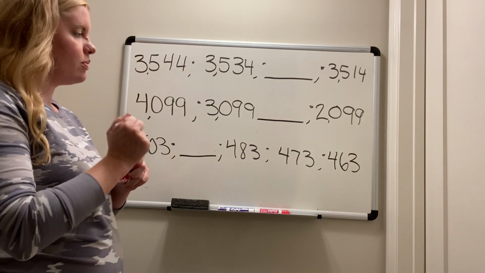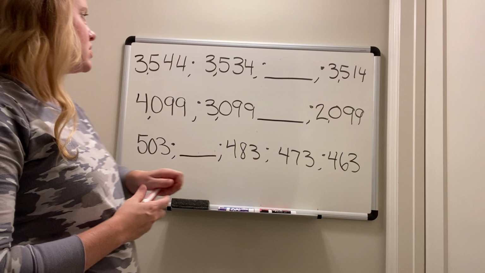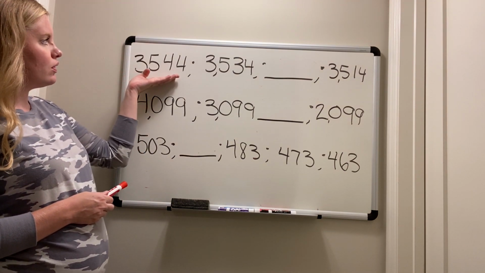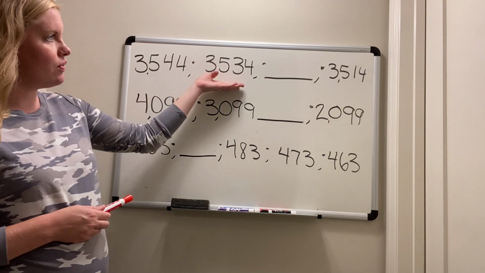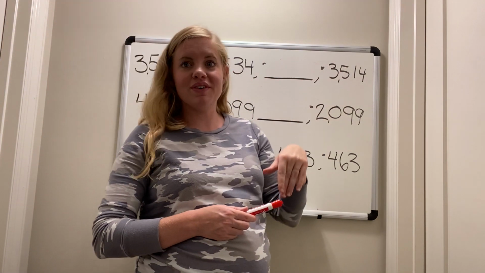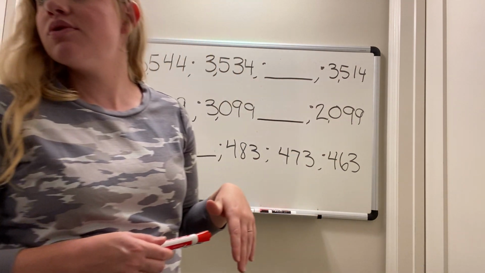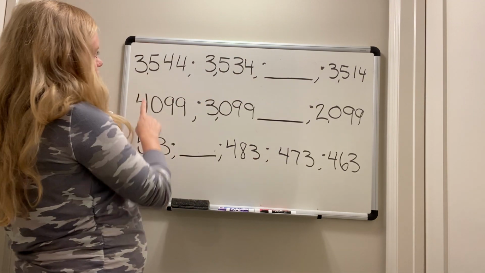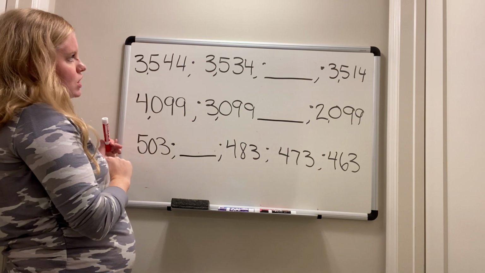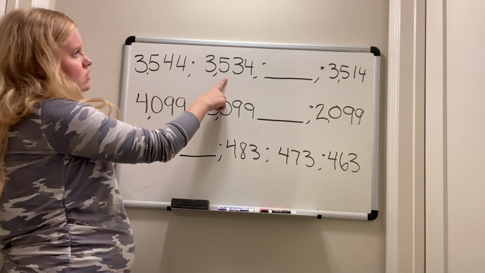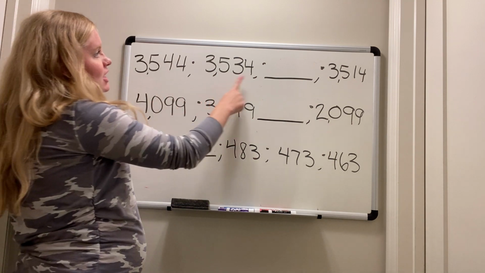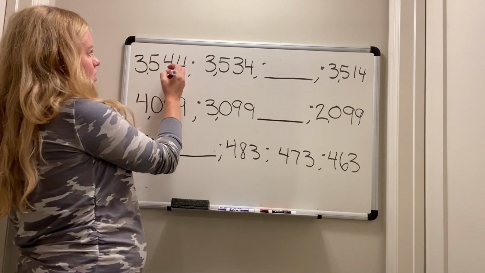All right, scholars, I hope that was enough time for you to be working on this first one. Okay, so we have 3,544, 3,534, blank, 3,514. So if you use my strategy, you look for which digit is changing. The thousands place is not changing. The hundreds place is not changing. The tens place is changing.